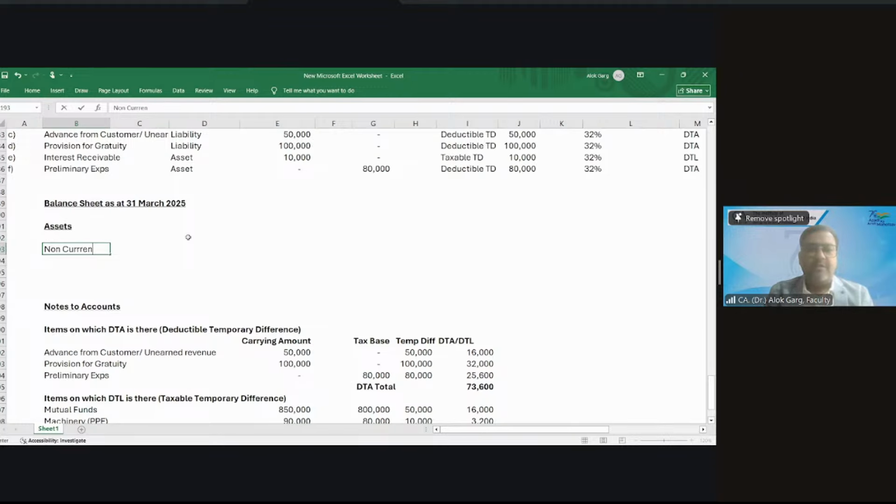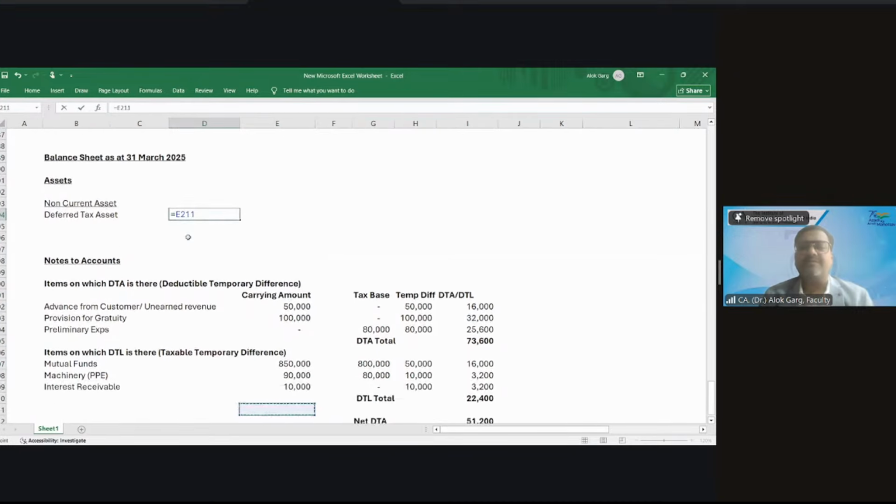I told you, deferred tax asset and deferred tax liability will always be non-current. As per which paragraph of which standard? Para 56 of Ind AS 1. You guys are eating badam on a daily basis, I think so.